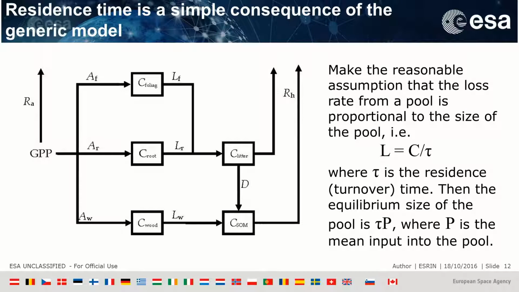Okay, now let's go back to this model and say, well, if that's true, how do we get at residence time? And I'm going to show you how powerful this model is. So residence time comes out really simply from this model.